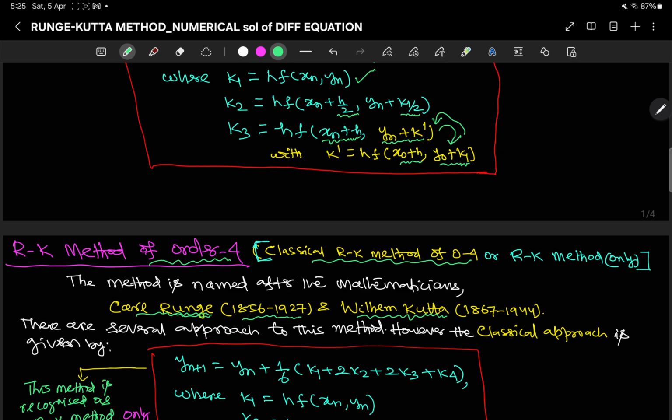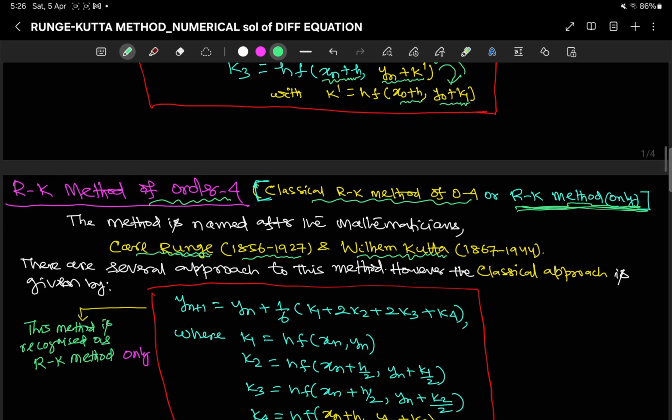So jointly this method is known as the Runge-Kutta method. However, the method due to Runge is the order 3 method, and later these methods were jointly named Runge-Kutta methods of order 1, 2, 3, 4. If a problem is solved by the Runge-Kutta method, we mean the order 4 method unless it is mentioned that it is order 1, 2 or 3.